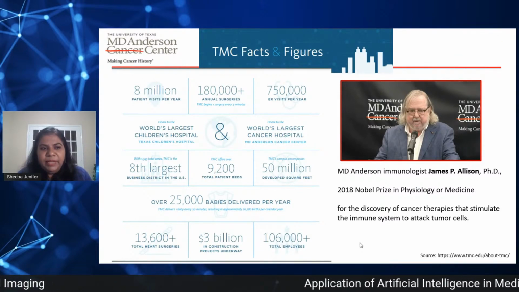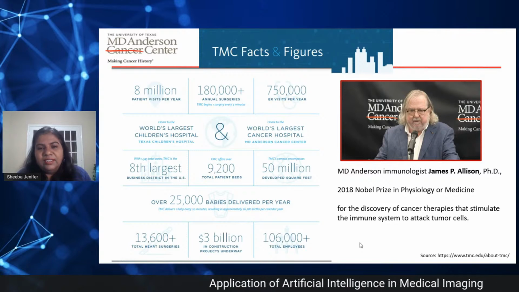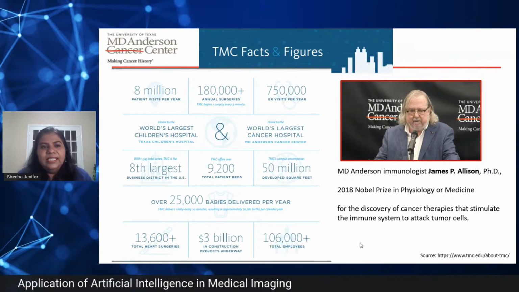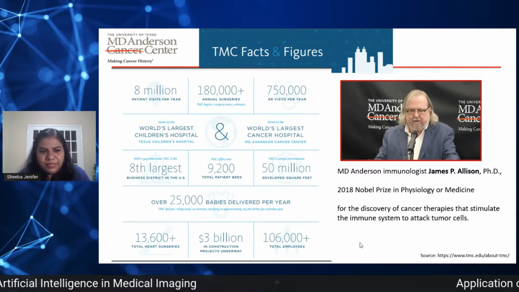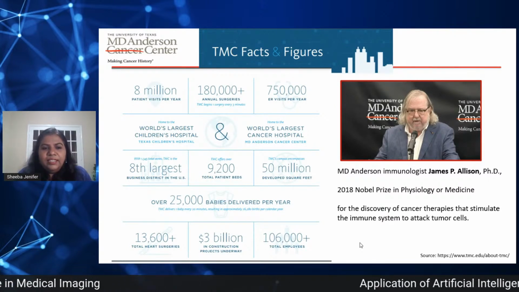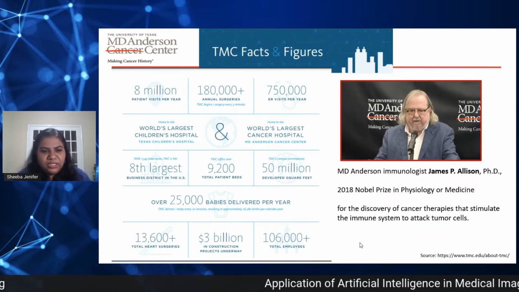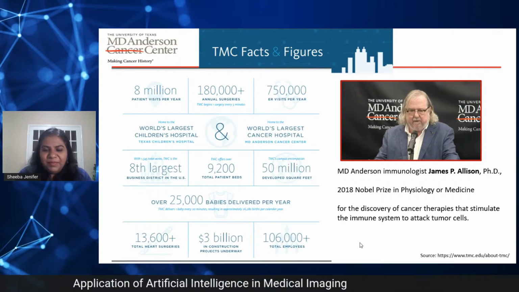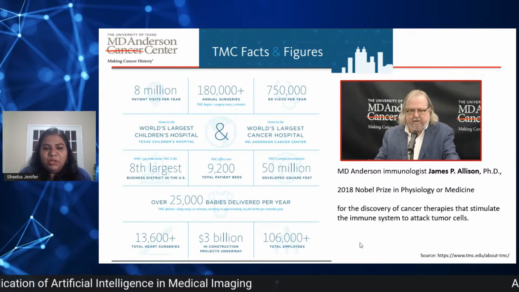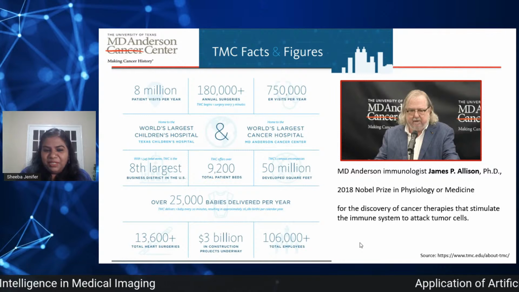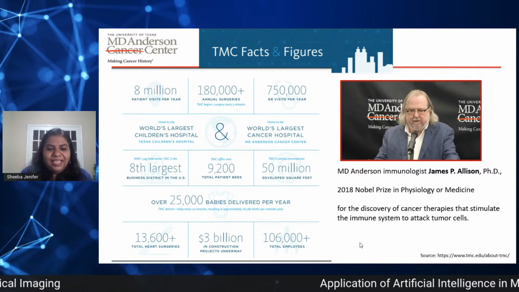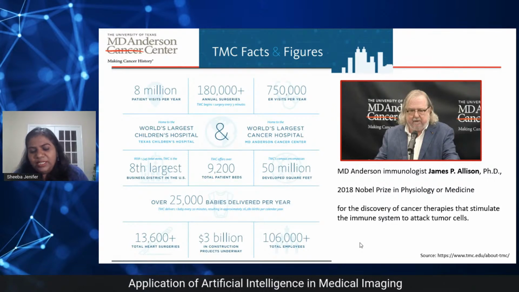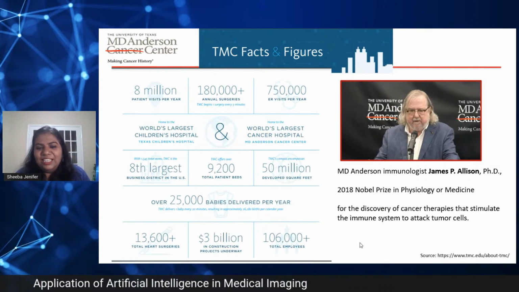About 8 million patients visit every year. There are about 180,000 surgeries carried out in the medical center. As the statistics show, there are about 9,200 patient beds available here, about 25,000 babies are delivered per year, about 13,600 surgeries are done, and the total number of employees is more than 106,000.